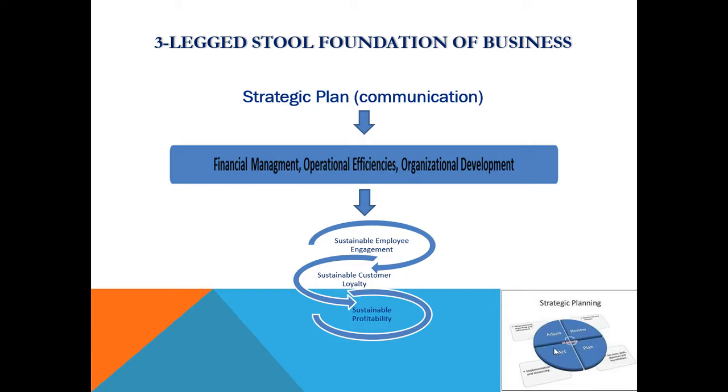You have the finance part, the operations part, and the behavior management part, also known as organizational development. And as you can see from the second arrow, the outcome for the business to have a formidable, a strong, a sturdy foundation will produce sustainable employee engagement, sustainable customer loyalty, and sustainable profitability.